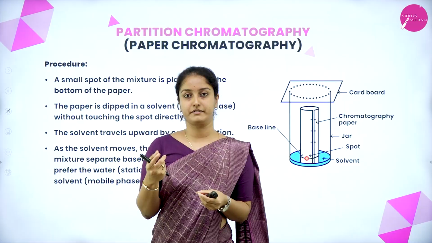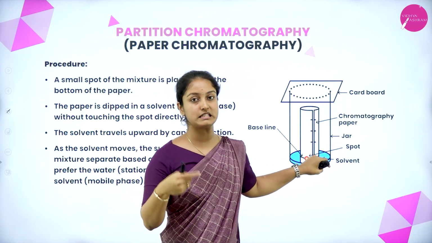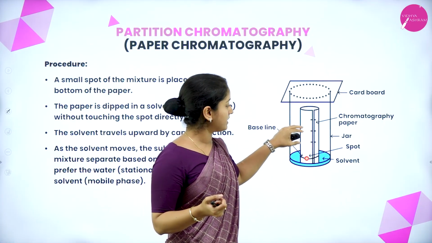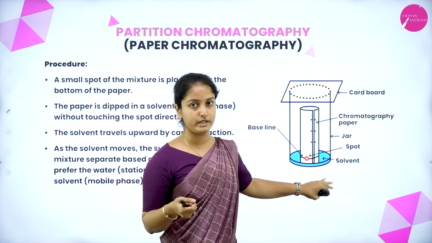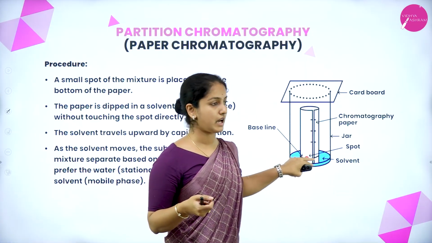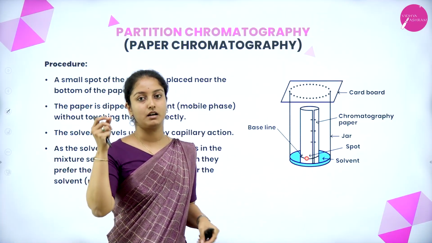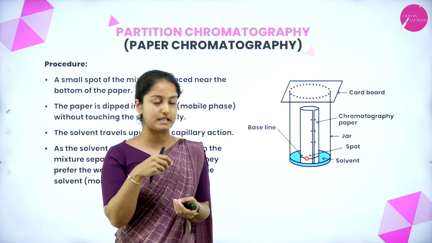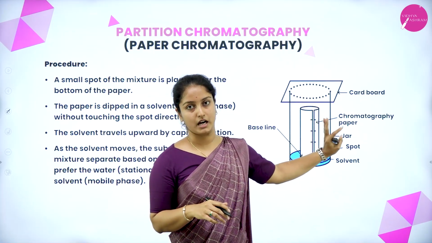So paper chromatography looks similar to that of TLC, but here one difference is that instead of a glass plate we use paper. This paper, chromatography paper, should be placed in a jar which consists of a solvent. Then that paper should have a mark which is used as a baseline, and on the baseline take a sample and drop a small amount of the sample on it, then place it in the jar, then cover this jar with a cardboard.